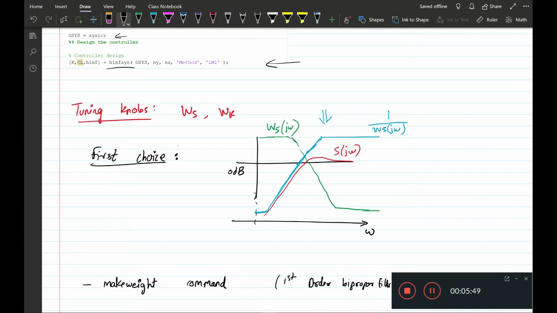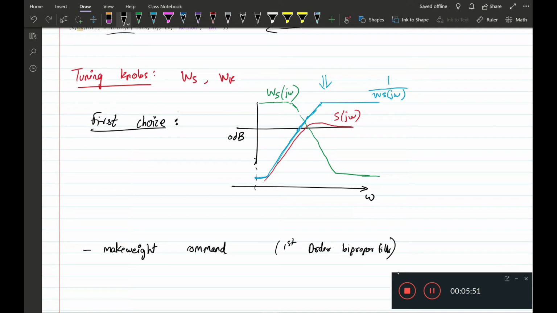Depending on the version of Matlab you're using, it takes as input the low frequency gain, the high frequency gain, and the frequency at which you cross the 0 dB line. I think in the newer versions of Matlab you can specify a particular frequency and the value of the filter at that frequency. So you should look at the help command before you really do the tuning. So that's the first choice for WS.